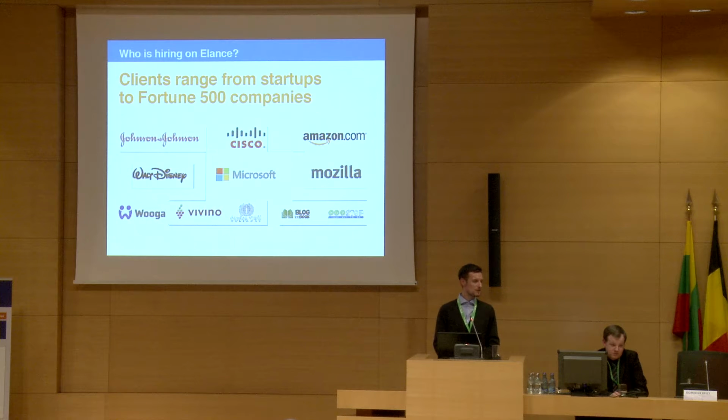For the smaller companies like Wuga or Vivino, it's more about accessing talent. It's about how to find it, where to find it, getting access to it, and then increasing the team on a demand level.